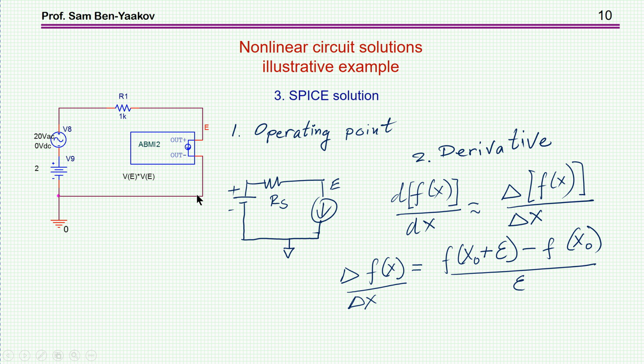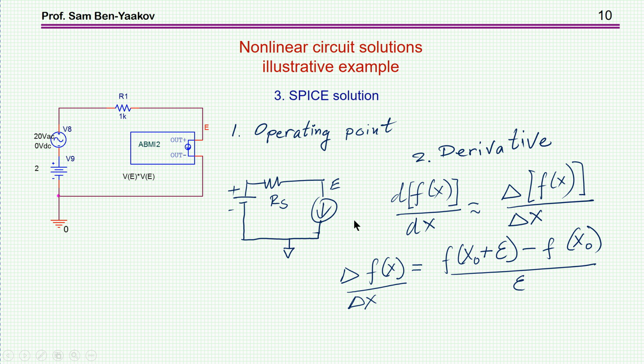And as I've said, SPICE is capable of calculating this circuit, finding the current and the voltages of a nonlinear circuit. This will be a DC circuit because this will be shorted or disregarded, and the solution will be the operating point. Next, there's a need to take the derivative of this thing. Now, obviously, it has to be a numerical derivative.